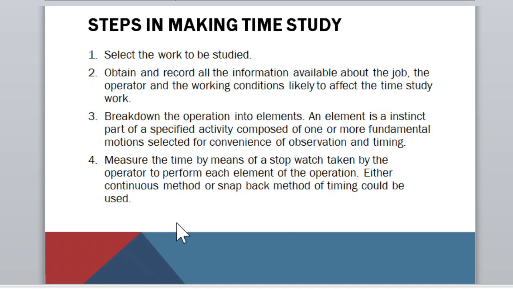So you have to get some information from the operator handling those machines, and those personnel handling those processes. You ask them specific questions that you think will be useful in your study.